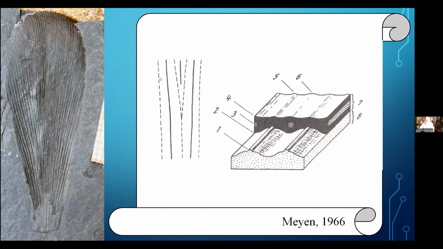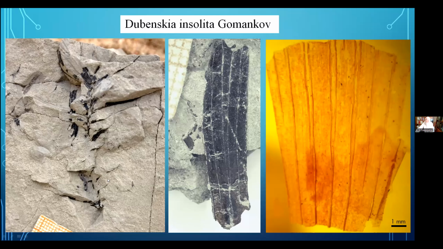This is a diagram shown by Sergei Viktorovich Meyen, which illustrates the emergence of new veins by dichotomy and dorsal furrows by insertion. Veins are shown by dotted lines and dorsal furrows by solid lines. But in Dubensky, we observe dichotomizing dorsal furrows.